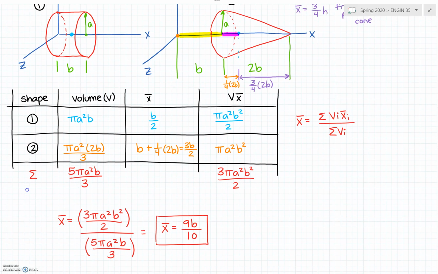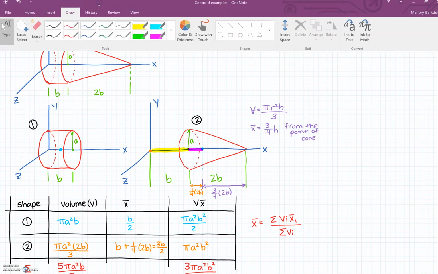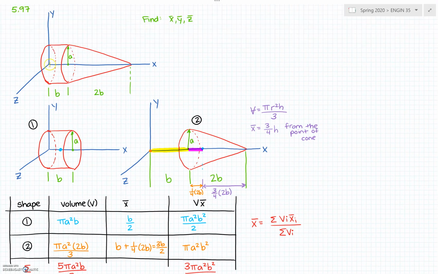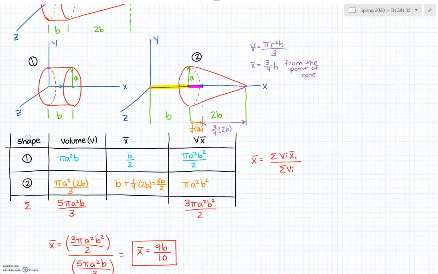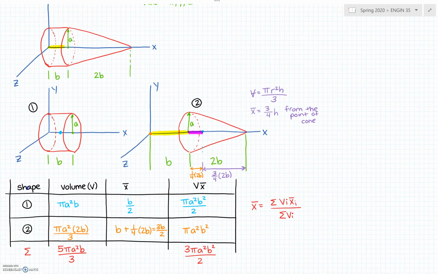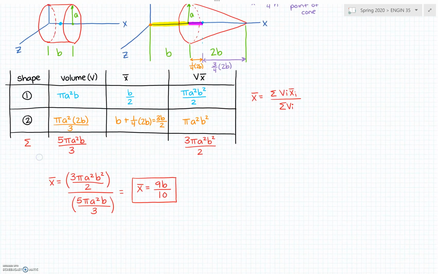So looking back at my original shape, that means from the origin to my centroid, I'm going to go 9b divided by 10. So 9/10 b. So almost to the base of the cone, but not all of the way. This wraps up our example of finding the centroid of a composite volume.